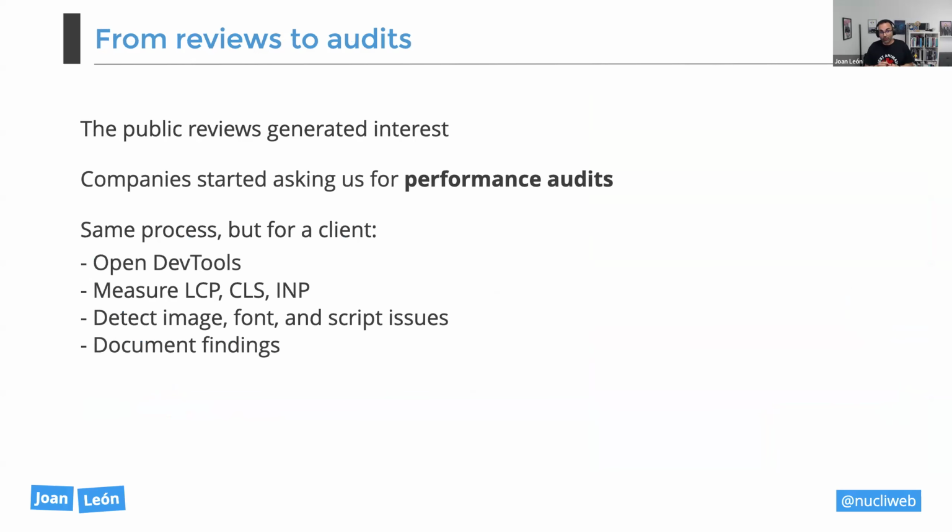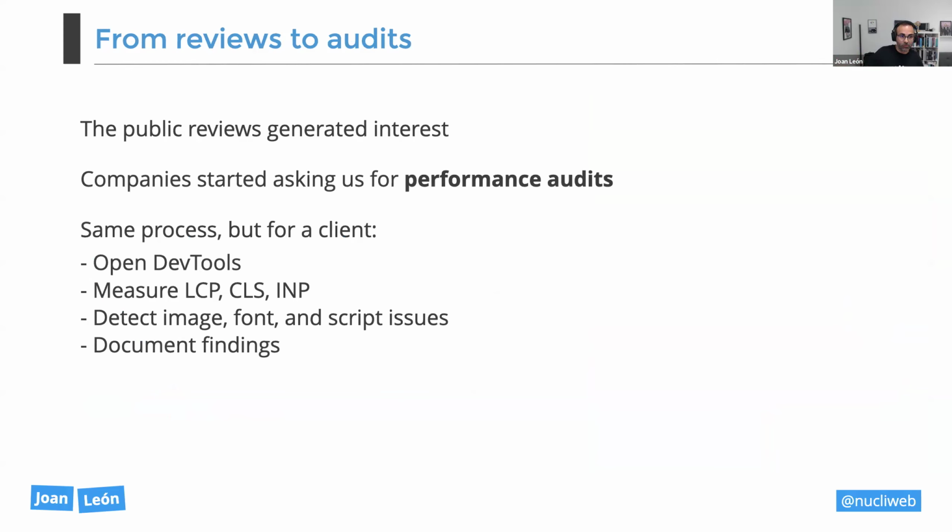From the reviews to audits: when we started to share the public reviews, they generated interest, and some companies started asking us to do performance audits for their products. The process was the same.